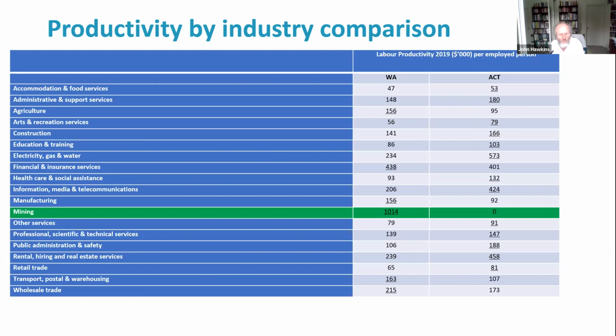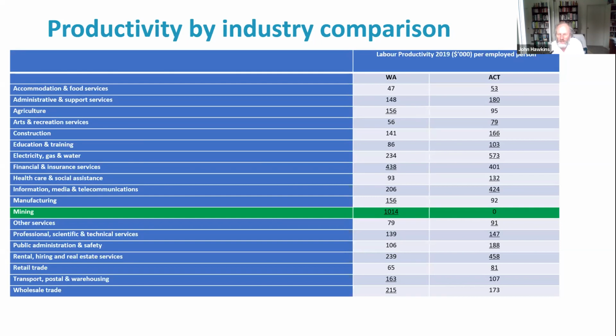So what does that suggest? Well, education is a larger part of the ACT economy than it is in the WA economy. ANU and University of Canberra have a bigger footprint in the ACT than the University of WA and Curtin and Murdoch have in West Australia.